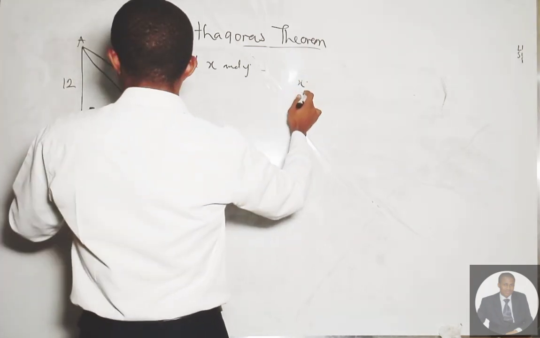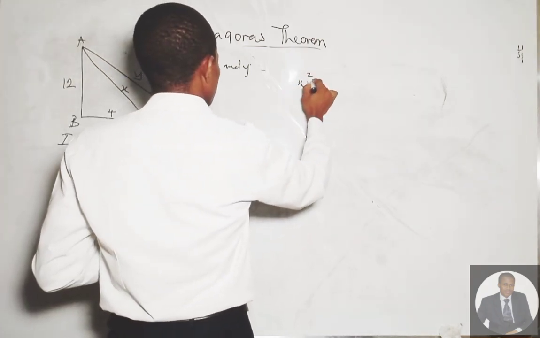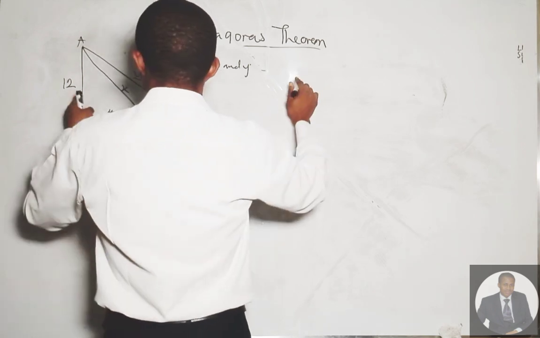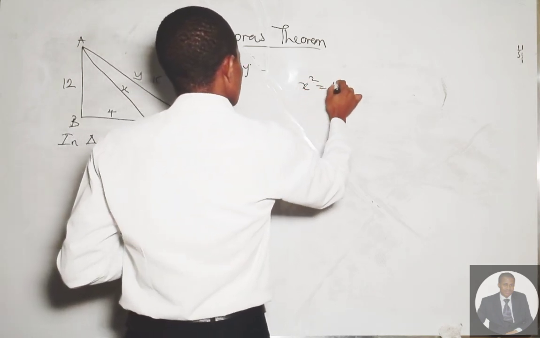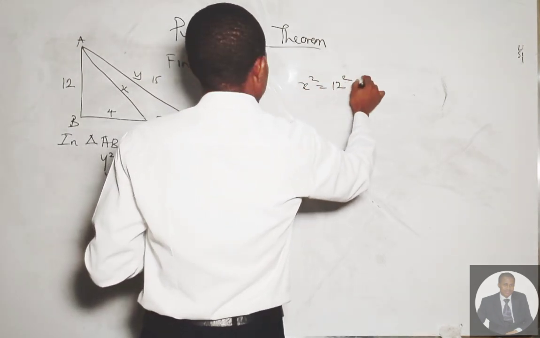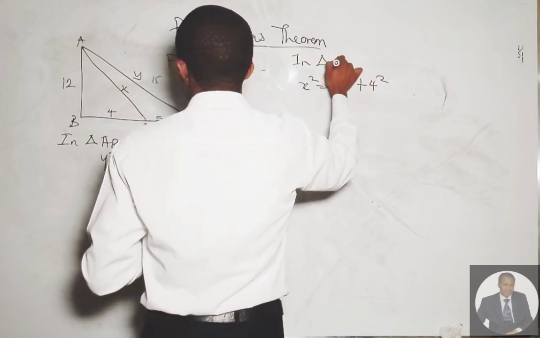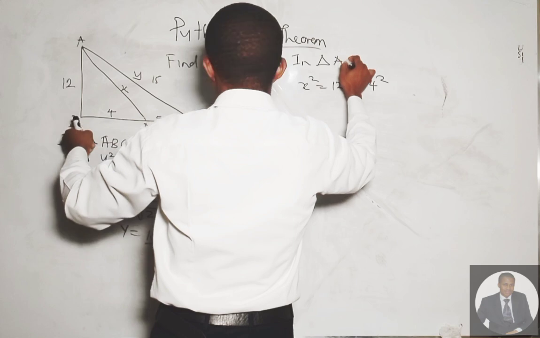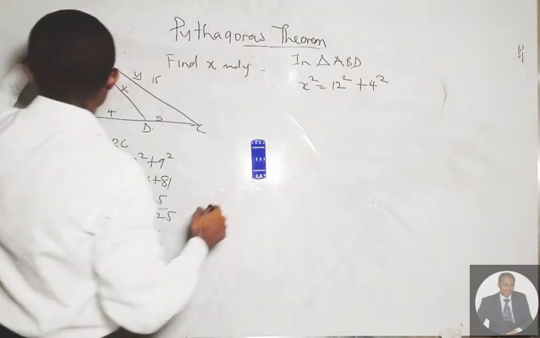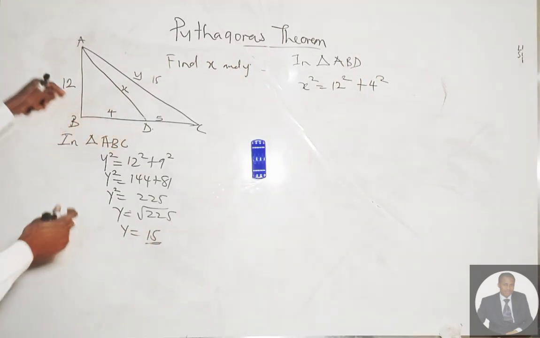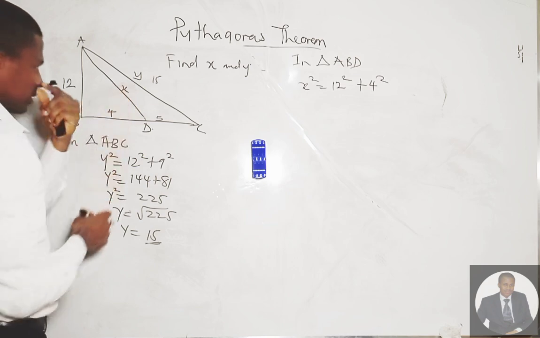So how do we find x? x squared equals 12 squared plus 4 squared in triangle ABD. We have 12, we have 4, we are looking for x.